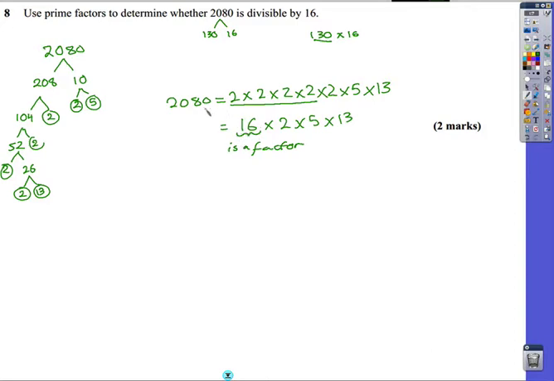And since 16 is a factor of 2080, 2080 is divisible by 16.